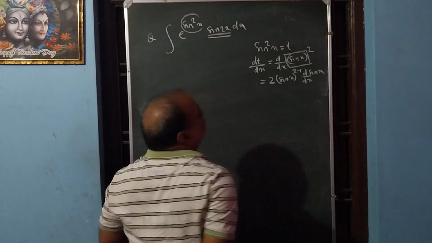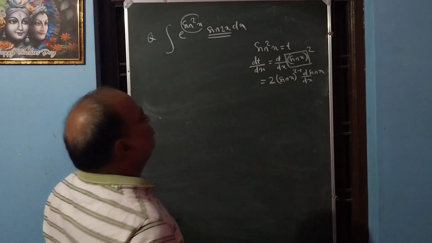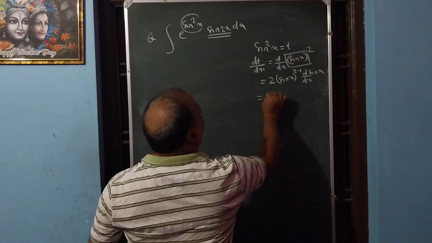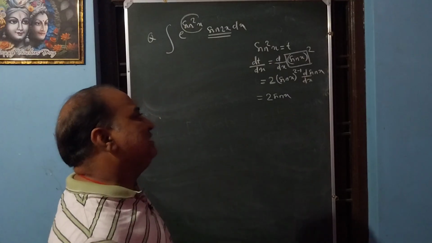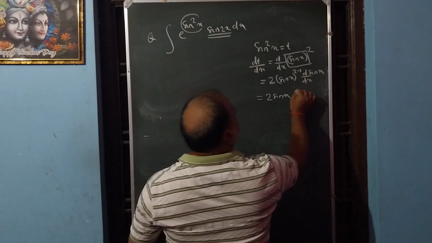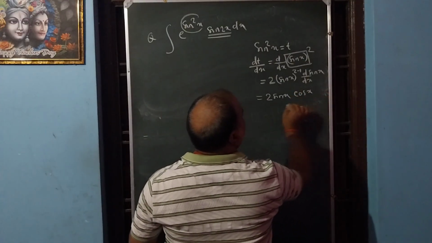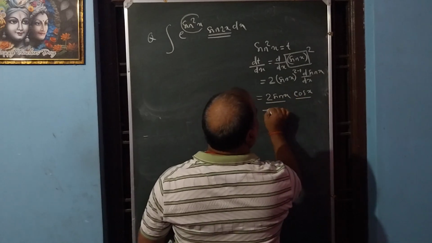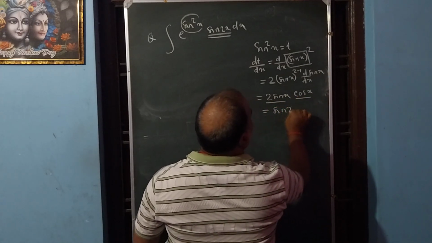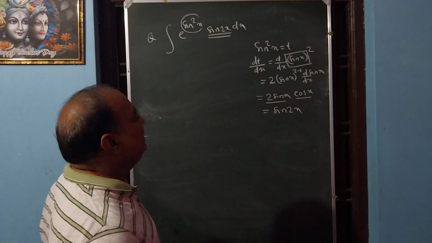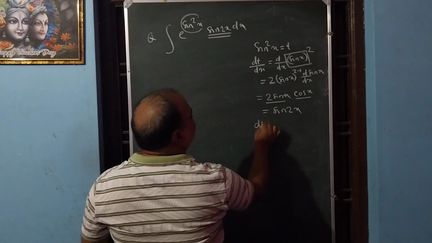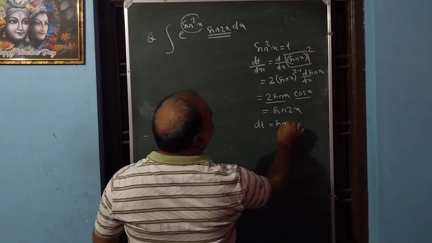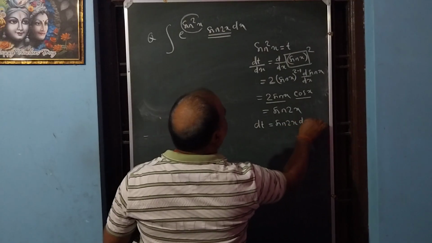So that will be 2 sin x, and the derivative of sin x is cos x. So we get 2 sin x into cos x, that is sin 2x. Then dx is divided here, so you have to multiply there: dt is equal to sin 2x into dx.